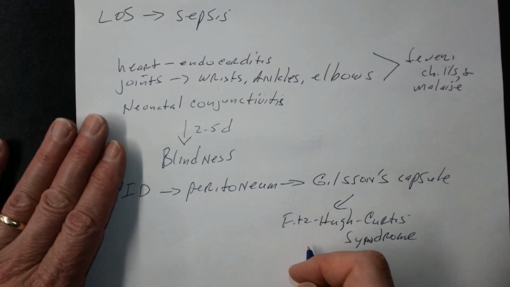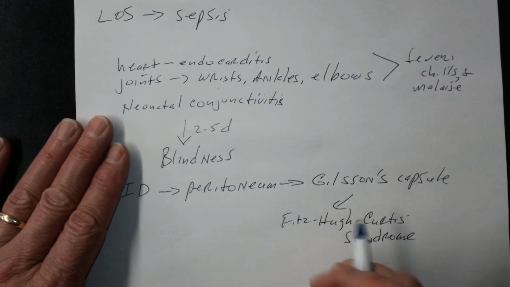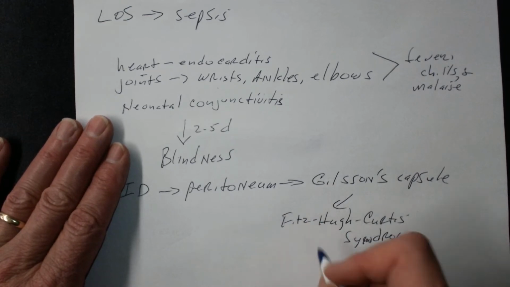You get scar tissue of the tissue that attaches the liver to the peritoneum.